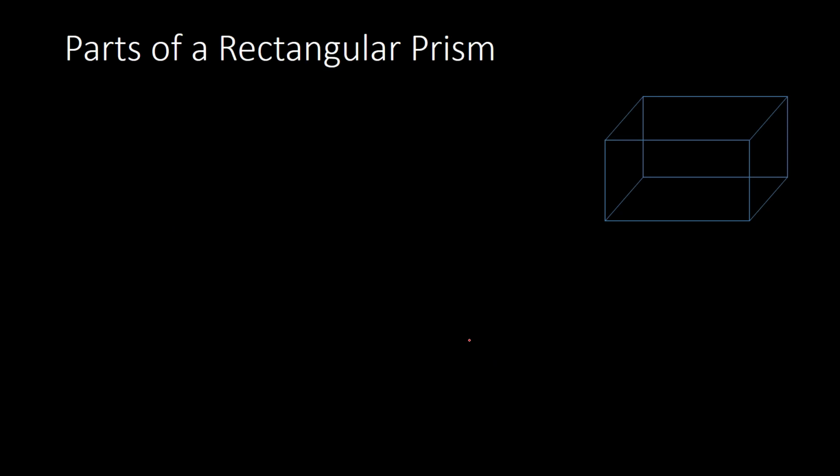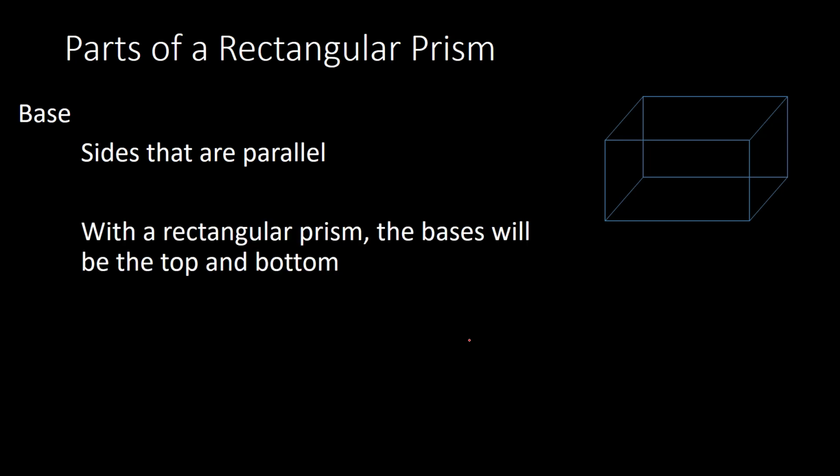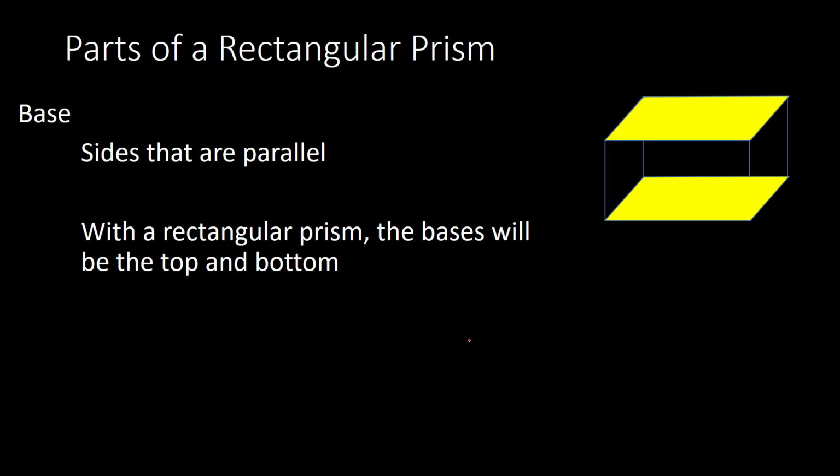Now with the rectangular prism, we have parts of the prism you need to be aware of. The first is the base. So the bases are, by definition, the sides that are parallel, but in this case, every pair of sides will be parallel. So with the rectangular prism specifically, the bases will be the top and the bottom.